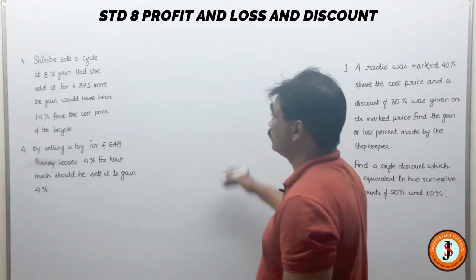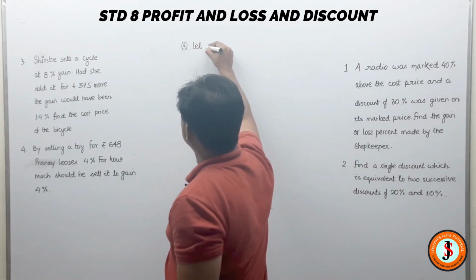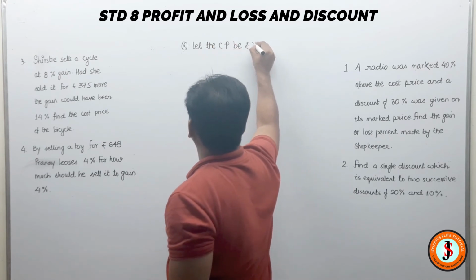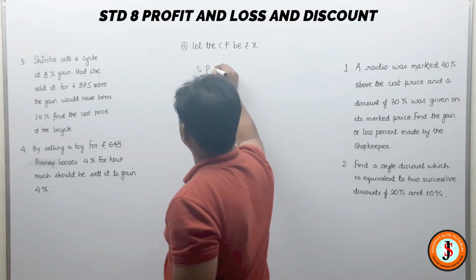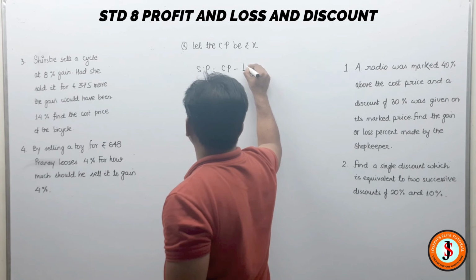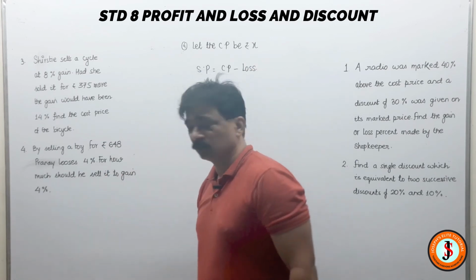That means, let the CP be rupees X, then SP is equal to CP minus loss, isn't it? Because he is suffering a loss.